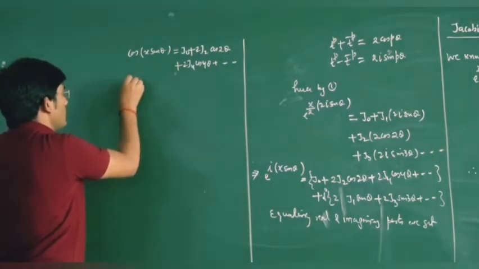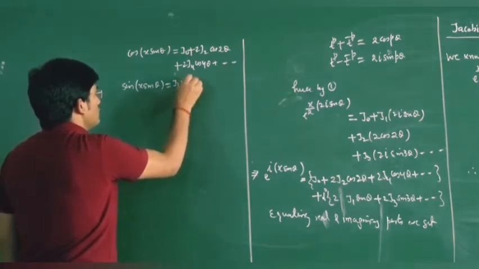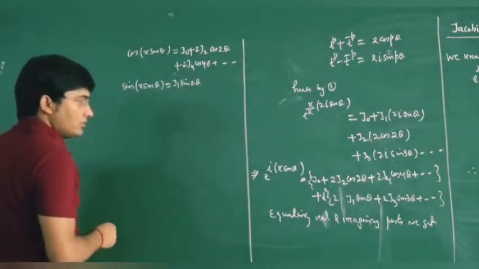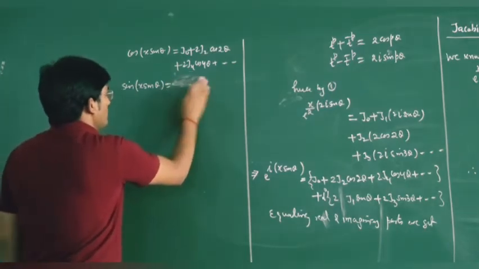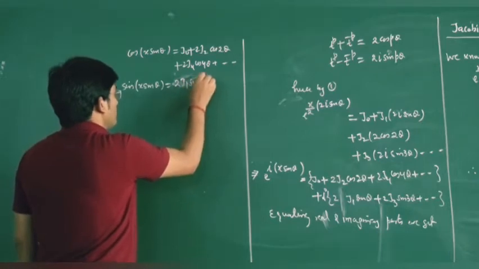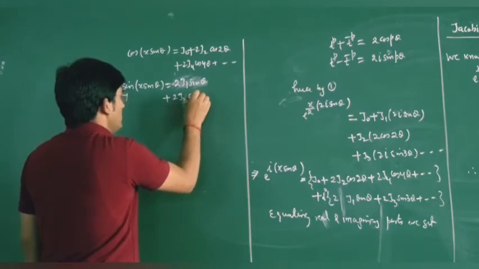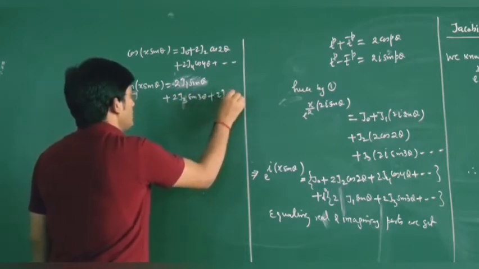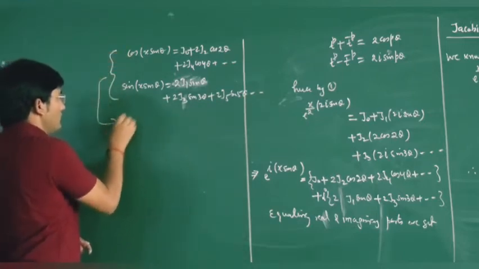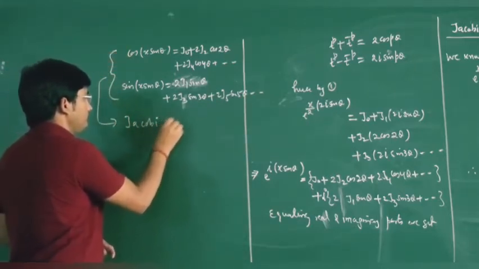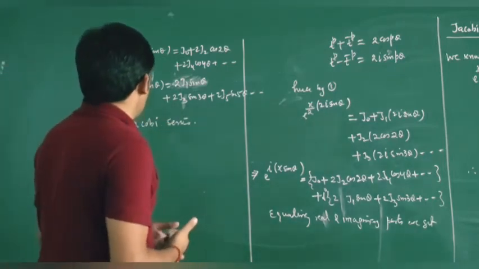And your imaginary part will be 2J1 sin theta, then we will have 2J3 sin 3 theta, then 2J5 sin 5 theta, and so on. These two series are known as Jacobi series.